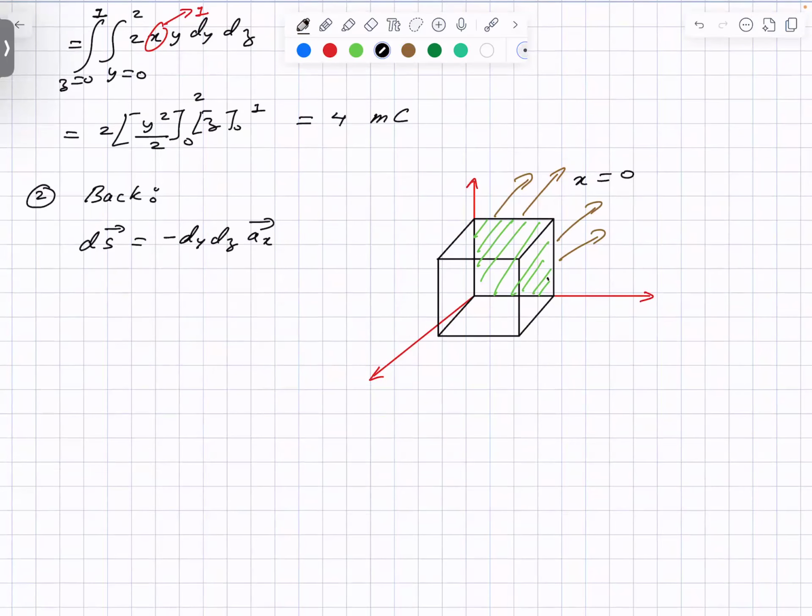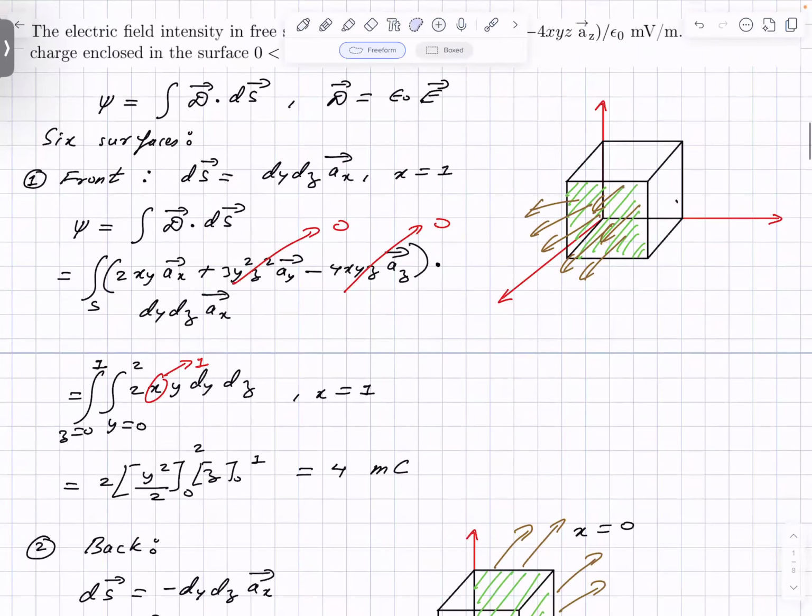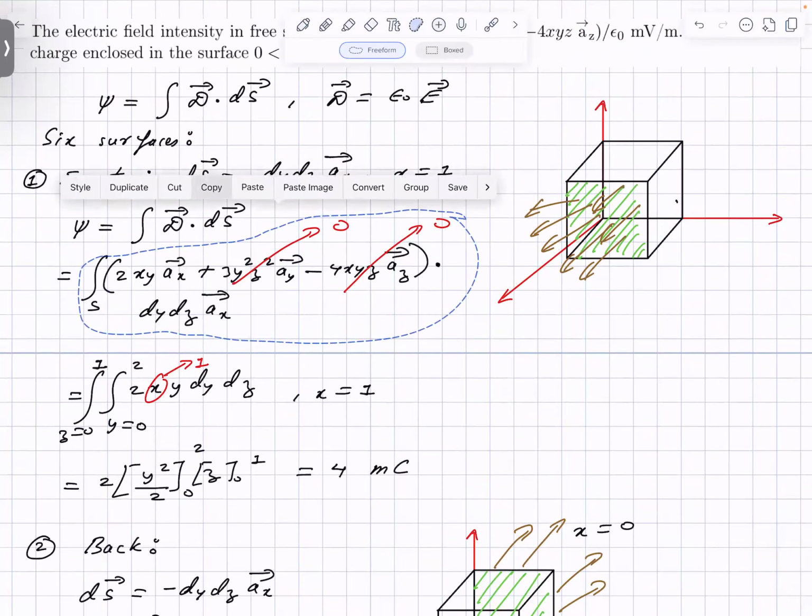So we again consider this surface integral. What we have to do is D dot ds, and the process is now pretty similar. It's a double integral again, and we can actually copy a lot of things from before.